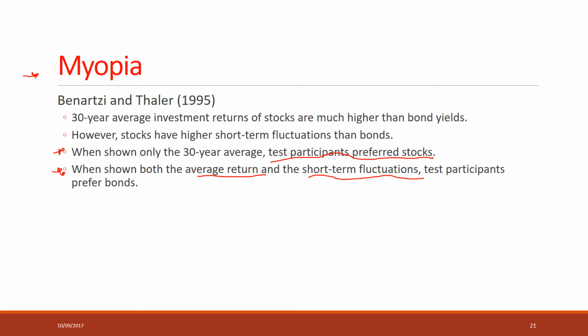Because in the longer term, it's the longer-term risk or volatility that is more important for these people, right? However, when they showed the test participants the short-term fluctuations of bonds and stocks, the test participants changed their preference, right? So now they prefer bonds.